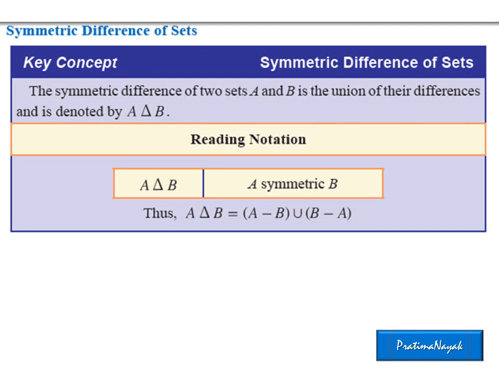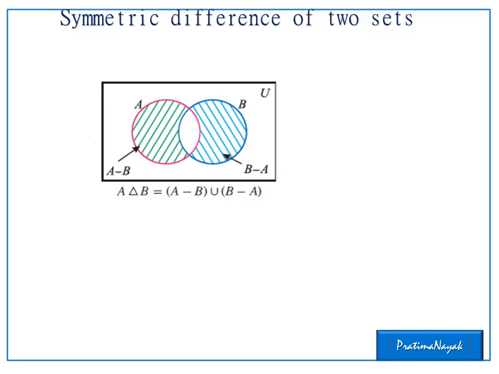A symmetric difference B is denoted by A triangle B, that is A difference B union B difference A. The Venn diagram represents the symmetric difference of A and B. This is same as A difference B union B difference A.